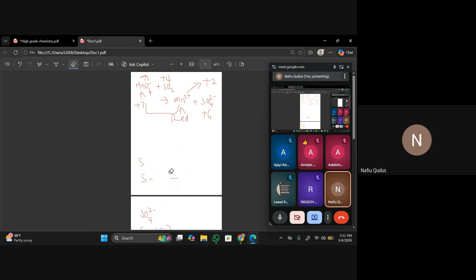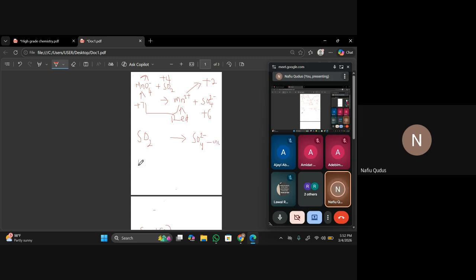So we now split it into half equations. We need to identify which one undergoes oxidation and which one undergoes reduction. The oxidation one, we have SO2, which gives SO4 2 minus. That's oxidation.